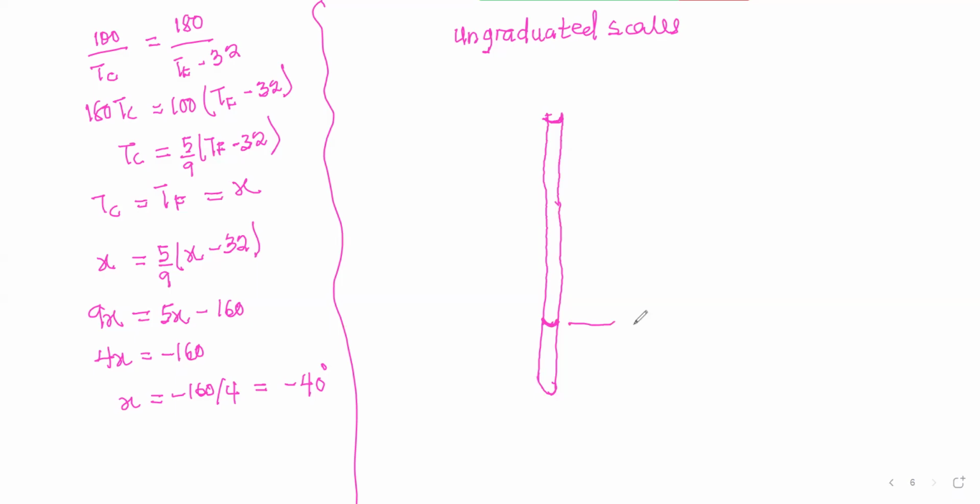So the initial reading of the length of mercury, and then maybe the question can also give us a final reading. At a temperature of 0 degrees Celsius on a Celsius scale, the reading is this initial reading.